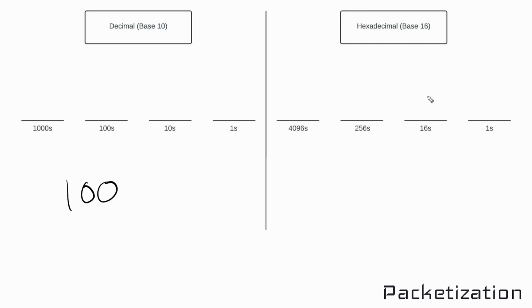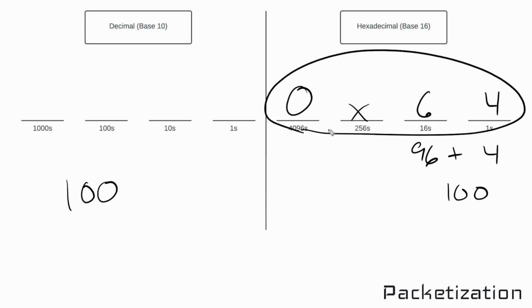Well, if we put a 6 in the 16s position, 6 times 16 is 96. And then we have the leftover 4, which we could just put a 4 in the ones position. 96 plus 4 is 100. So the hexadecimal equivalent of 0x64 is the decimal value of 100.